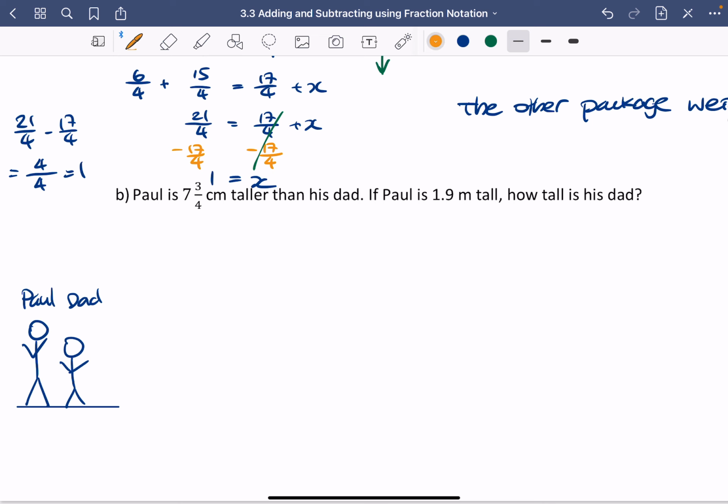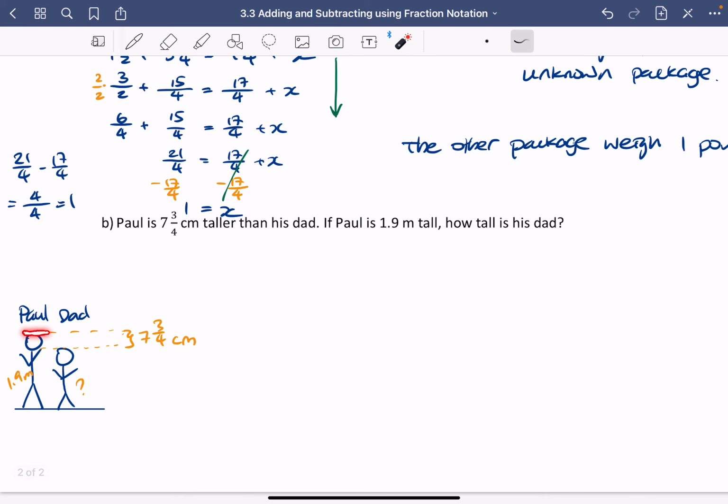We know that he is 7 3/4 centimeters taller than his dad. What it means is that the height between him and his dad is 7 3/4 centimeters. It tells you that Paul is 1.9 meters and it's asking for his dad.